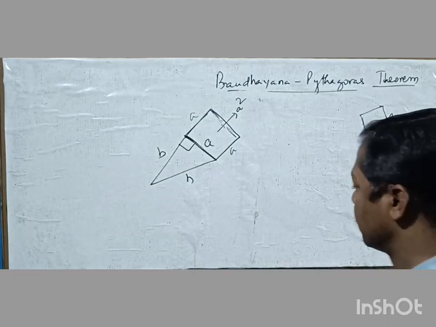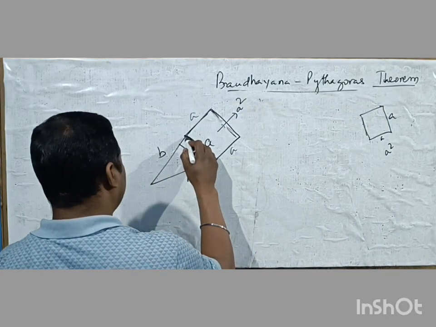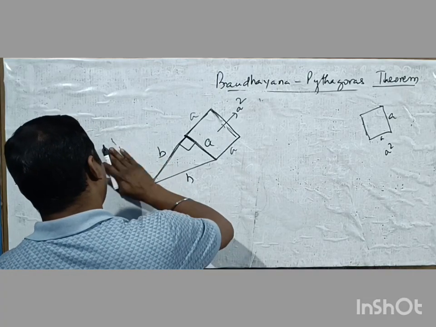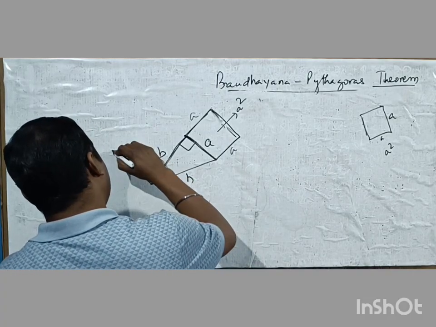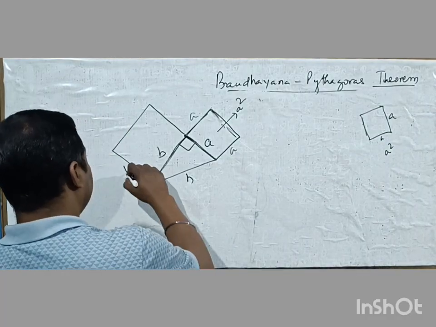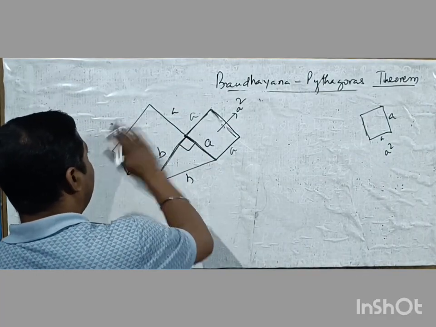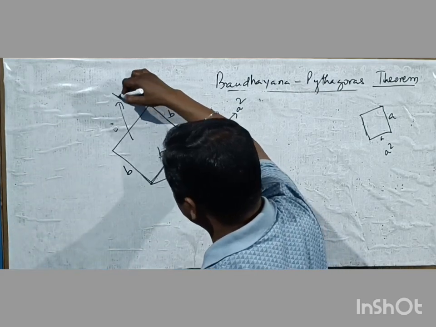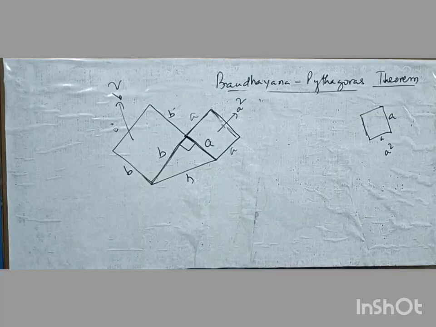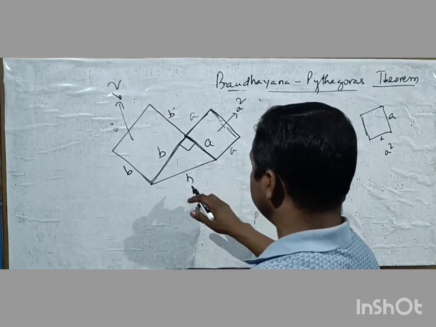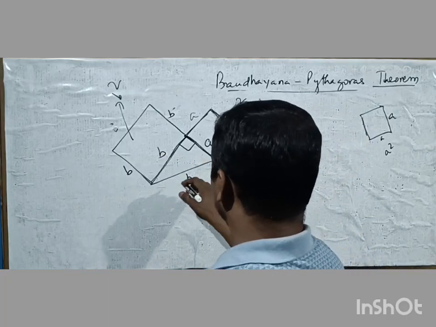Suppose I take B as a side of another square, and I draw a square here having side B. What will be the area of this square? It will be B square. So how will I prove this? The squares of these two will be A square and B square.